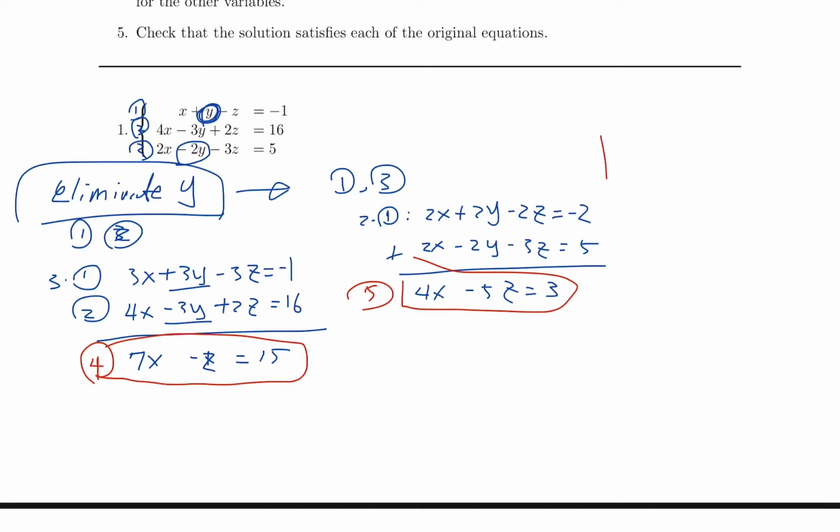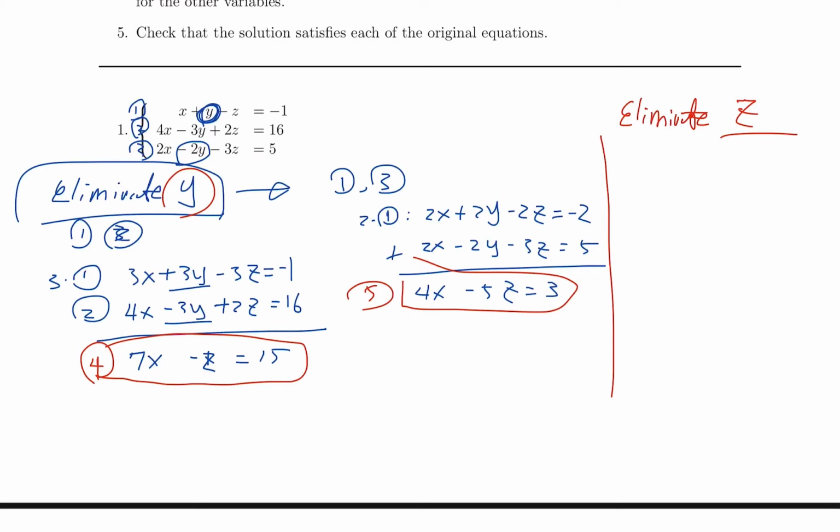Now we're going to rewrite the fourth. Now using the fourth and fifth equations, we have to eliminate another variable that is not y. So again, you can choose either x or z, right? I decide to eliminate z.